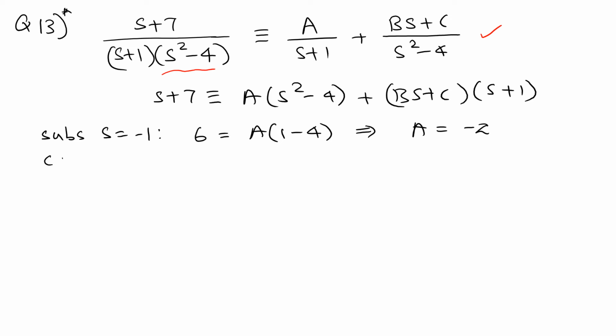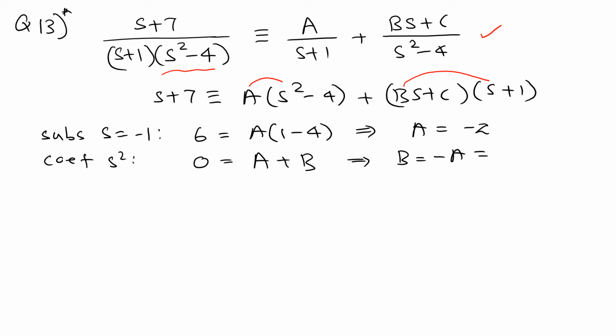We take the highest coefficient, s squared. There's no s squared term on this side, so it is 0. You get an s squared from the first term and also from the second. That means the coefficients are A and B, so B is the negative of A, which is 2. The only thing we don't yet have is C.